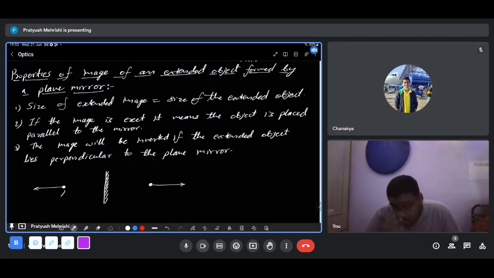Object will be like this and image will be like this. A to B, then A dash to B dash. This is image and this is object. Write it down till this point.